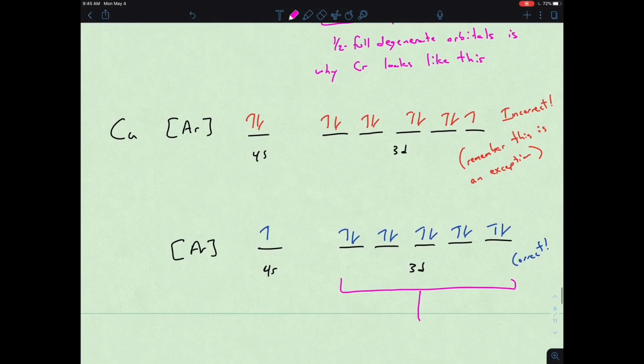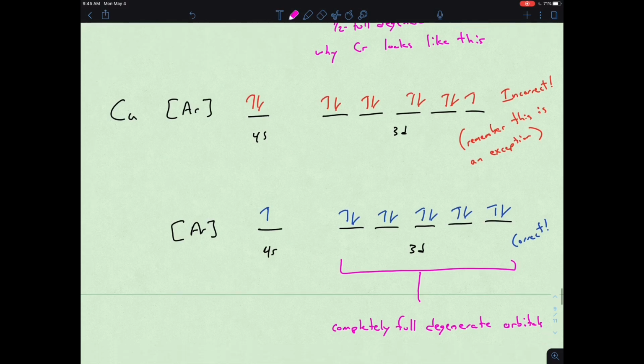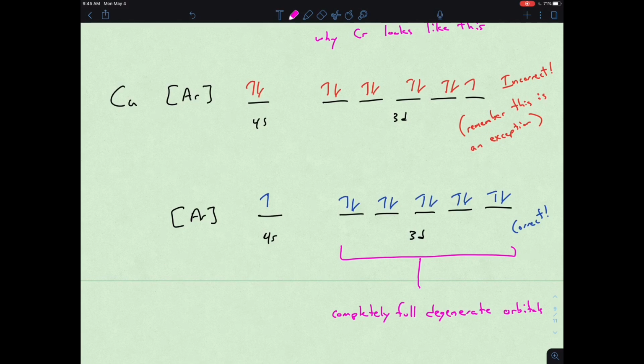And it's this idea that we have now a completely full degenerate set of orbitals. And that's why copper looks like this.